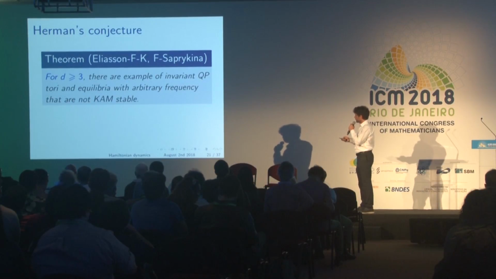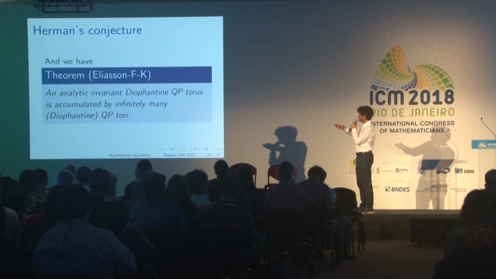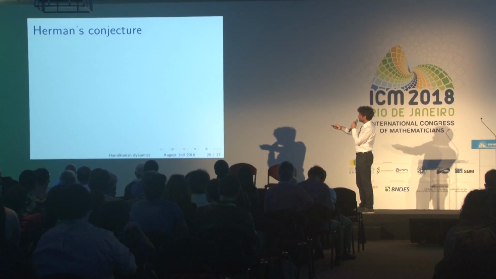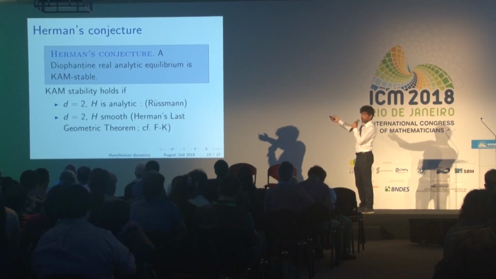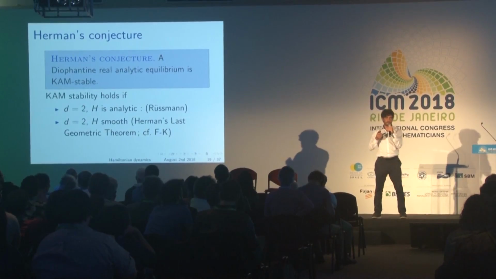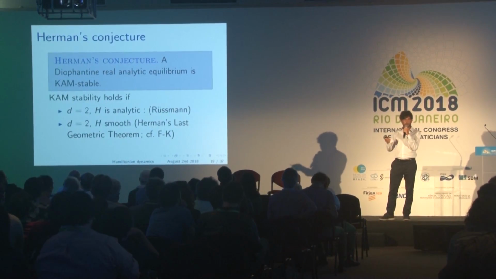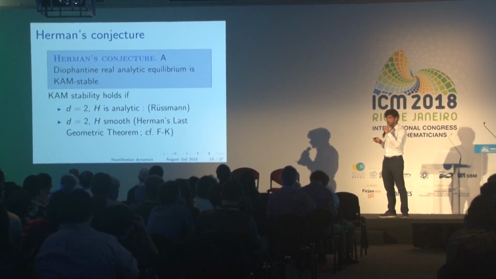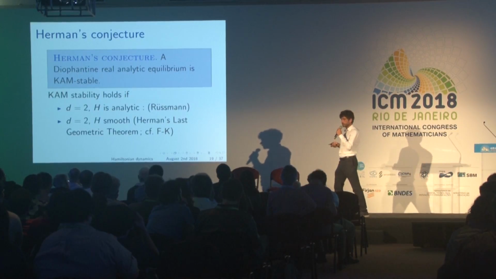Okay, so this is in strong contrast with the conjecture. This shows you really that at some point there will definitely be a big difference between smooth and analytic, something that in KAM up to now is not very common.